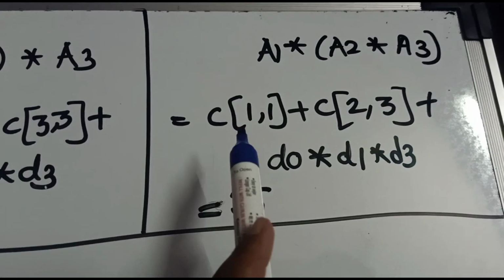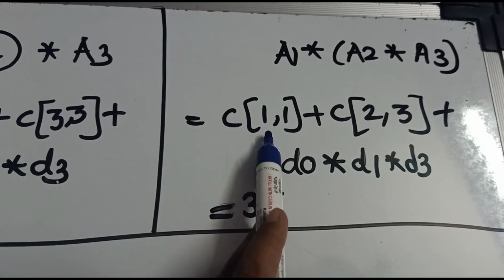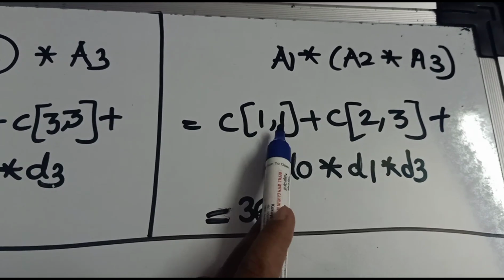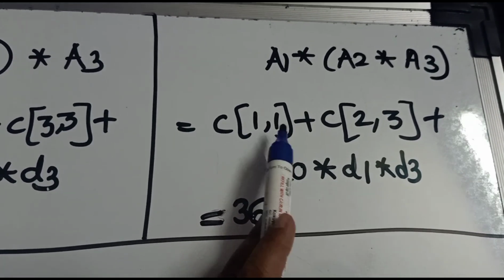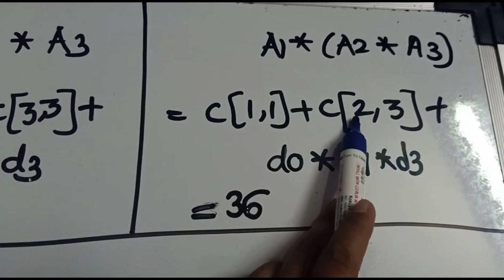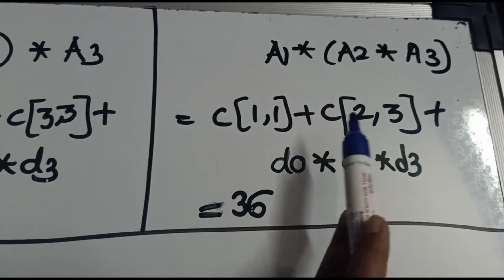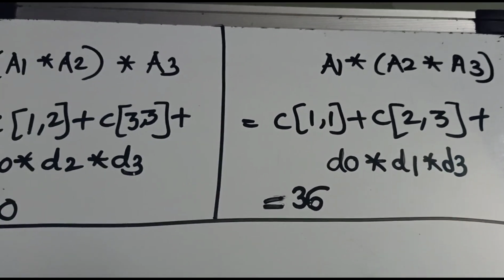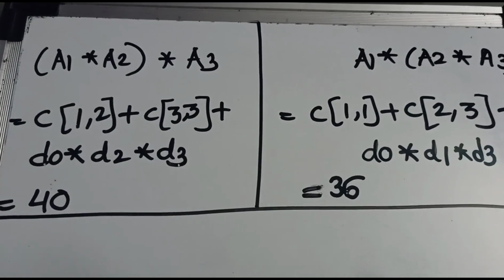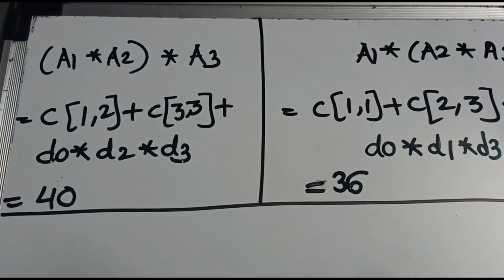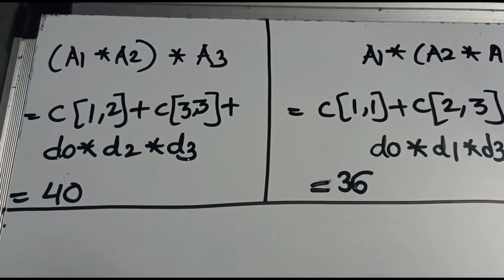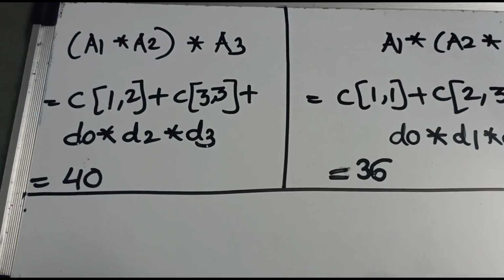For the second one we have c of 1 comma 1, the cost of multiplying the first matrix with itself, plus the cost of multiplying the second matrix with the third matrix, plus d0, d1, d3. Now we will try to take a common formula from these two.